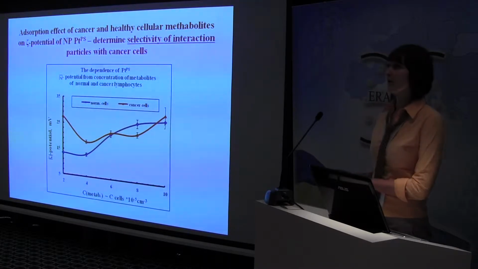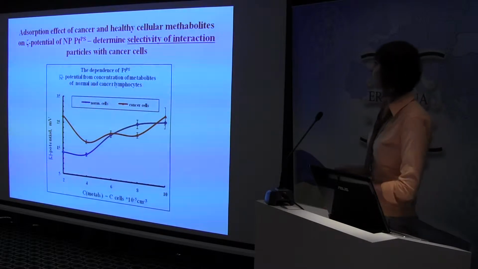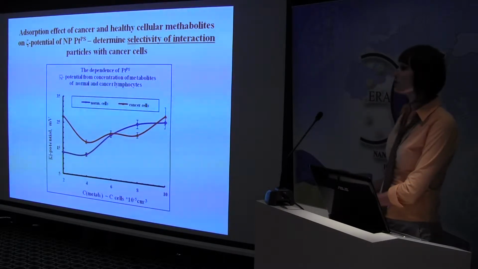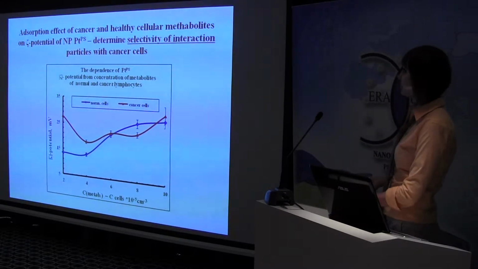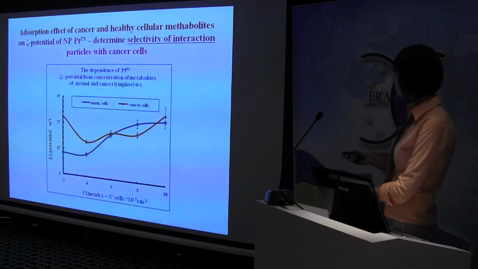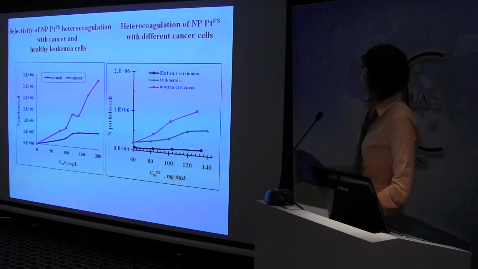One reason for this selective interaction is the different adsorption effect of cancer cell and healthy cell metabolites on the potential of a nanoparticle, which is confirmed on this graph. Here you can see the result of this selective interaction.